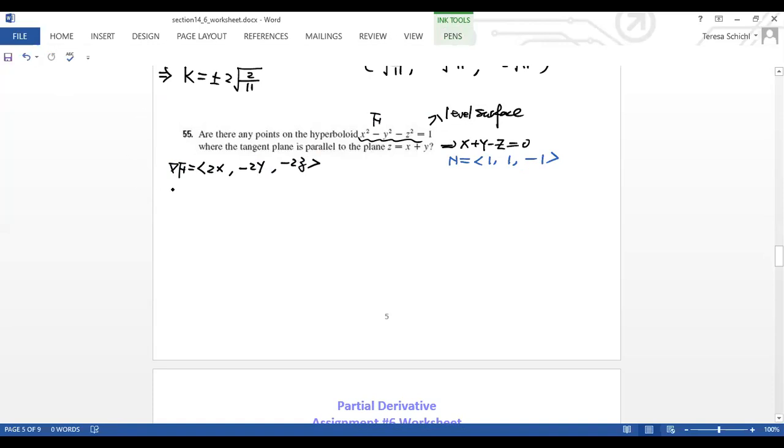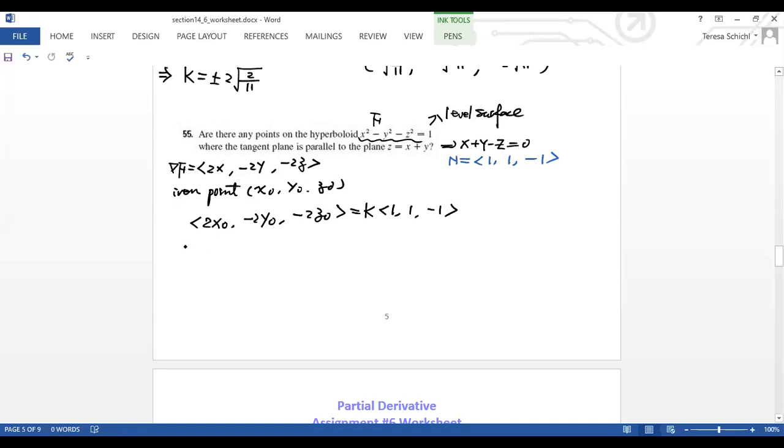Okay, and let's see, the given point (x0, y0, z0) is on the hyperboloid. Because the tangent plane is parallel to this plane, my gradient vector is going to be parallel to the normal vector. So for this point, (2x0, negative 2y0, negative 2z0) is going to be equal to a constant times the normal vector here, (1, 1, negative 1).